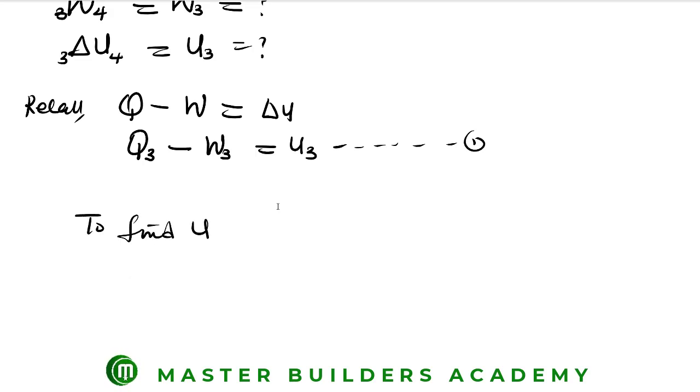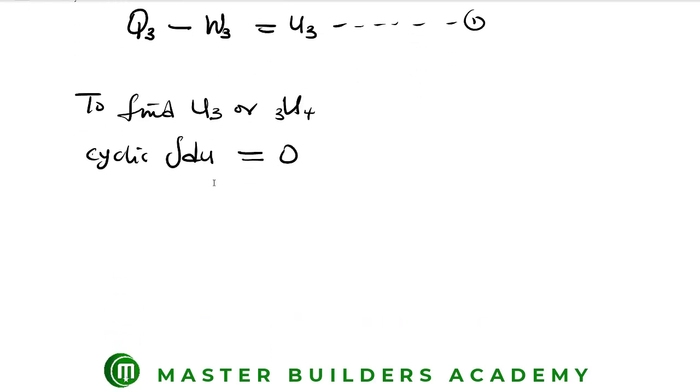To find U3, all you need to do is recall that the cyclic integral of dU, which is the summation of all the internal energies, is equal to 0. Are you there? This automatically means that U1 plus U2 plus U3 plus U4 is equal to 0.